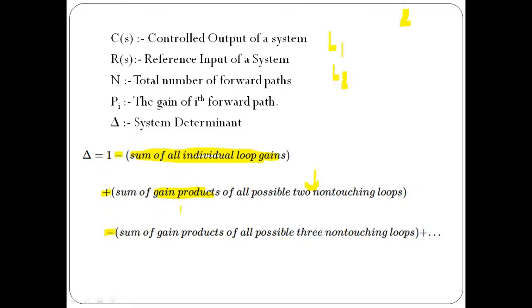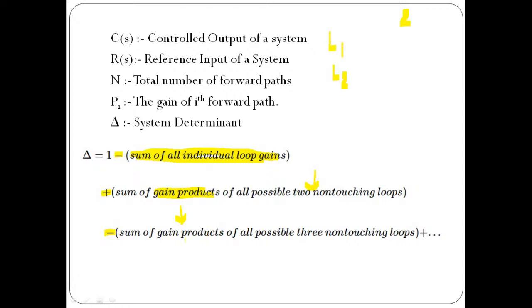Now in this particular bracket, we need to identify whether we have a set of three non-touching loops or not. If we have three non-touching loops, then we need to multiply the gain of those loops and put it together inside this particular bracket.